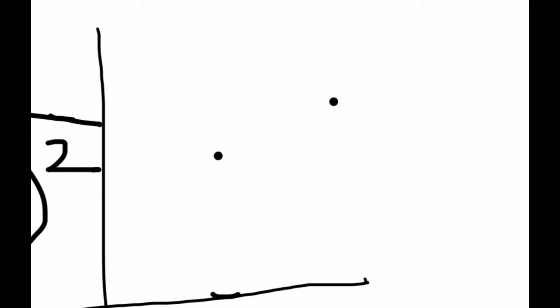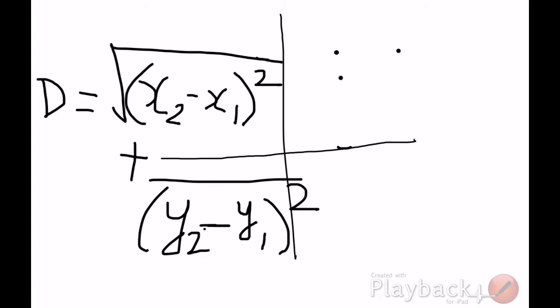If we take a third point, it needs to take one coordinate from each point.